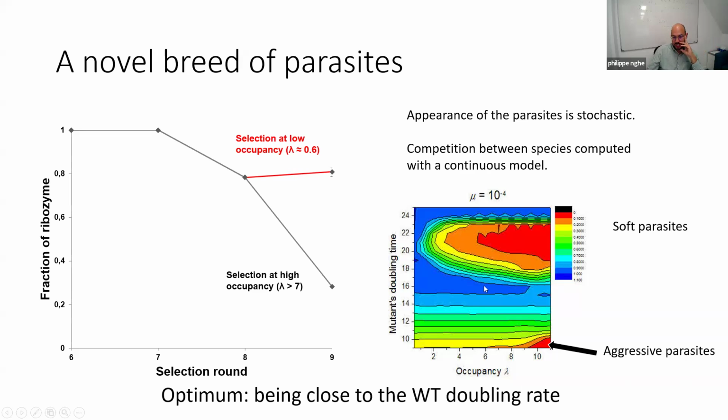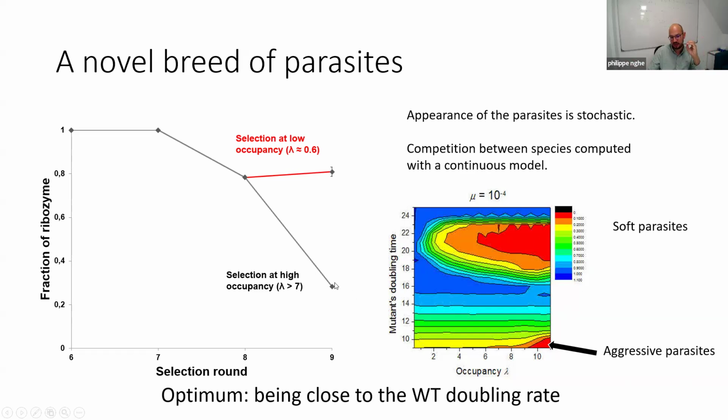So there exists such a regime, but why did this happen? I mean, a priori, if you eliminate the droplets that are inactive, it should work. Well, we discovered, and I think it was not expected, that for me was the main finding, that there is a new category of parasites. If you do it in bulk, you have very aggressive parasites, which are shortened molecules that appear, and they invade the population, and there is a collapse of functional molecules.